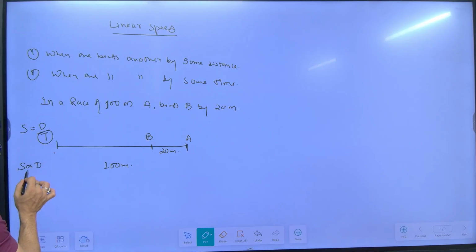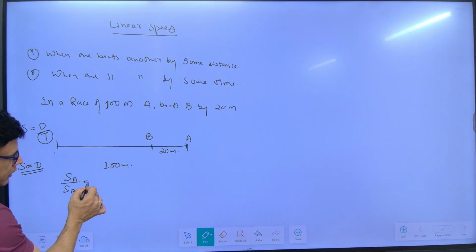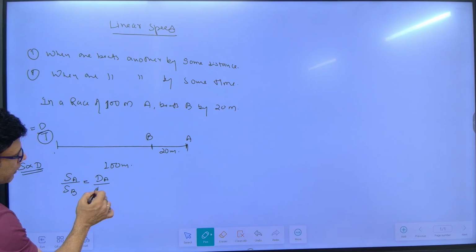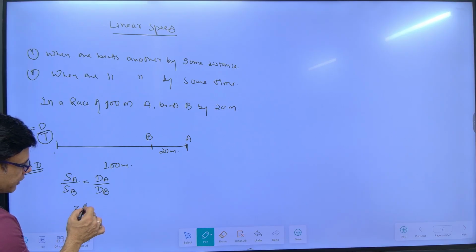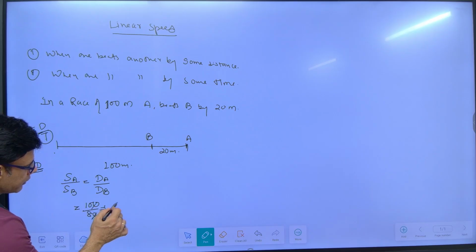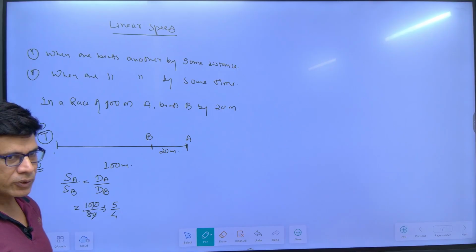The ratio of speed of A and B is equal to the ratio of distance covered by A and distance covered by B. We don't know the ratio of speed, but the ratio of distance covered is 100 and 80, which is 5 by 4. So this directly gives you the ratio of speed.